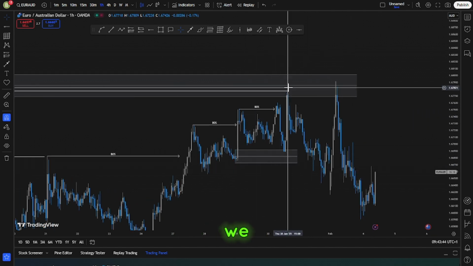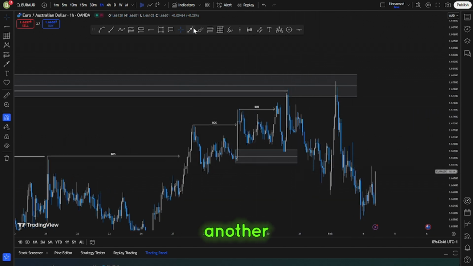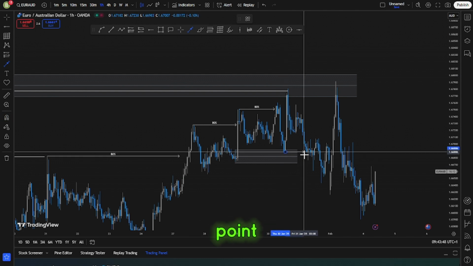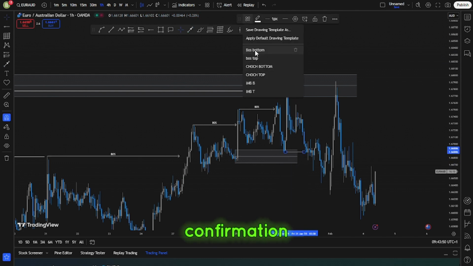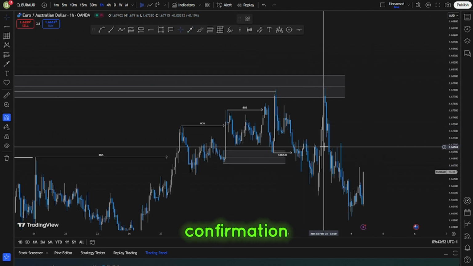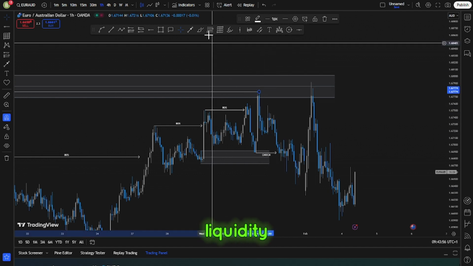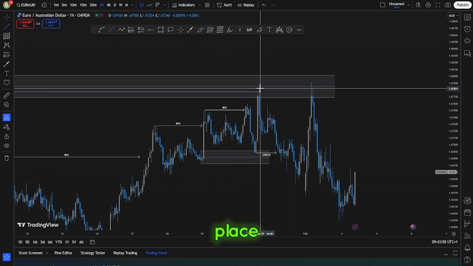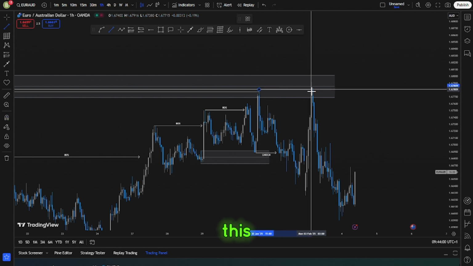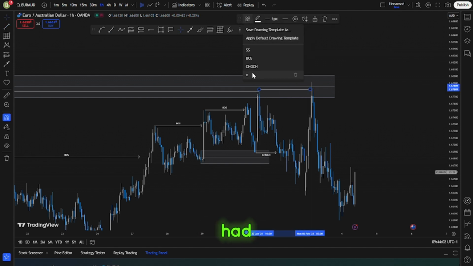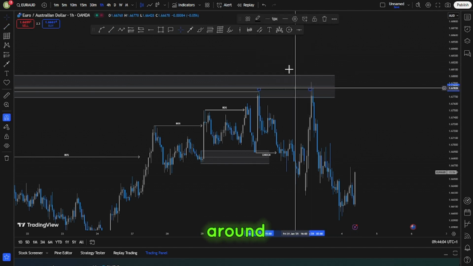Around here we pushed up, then we had another change of character within this point, which is a confirmation, guys. The confirmation came through, the sweep came through, just because we had liquidity here. So we can just place a line like this to indicate that we had a sweep of liquidity around that point.